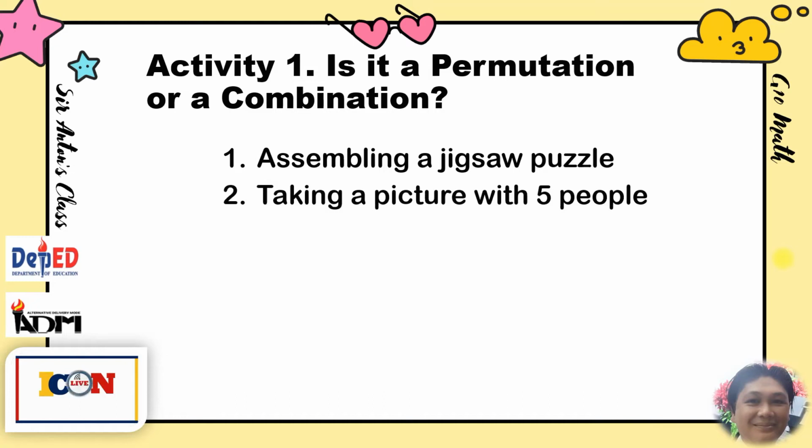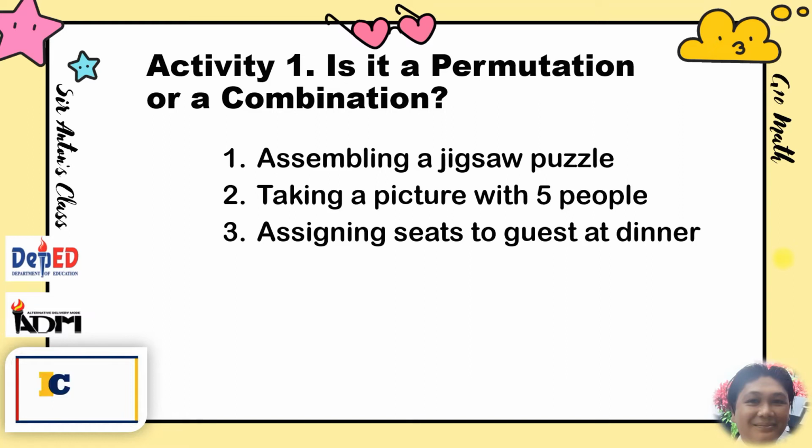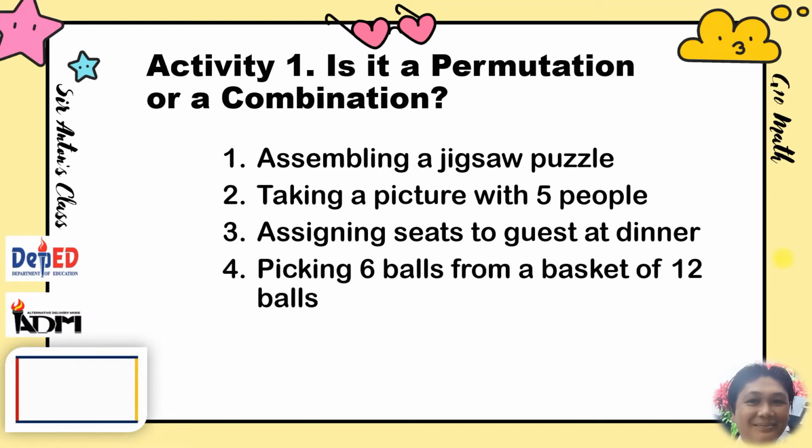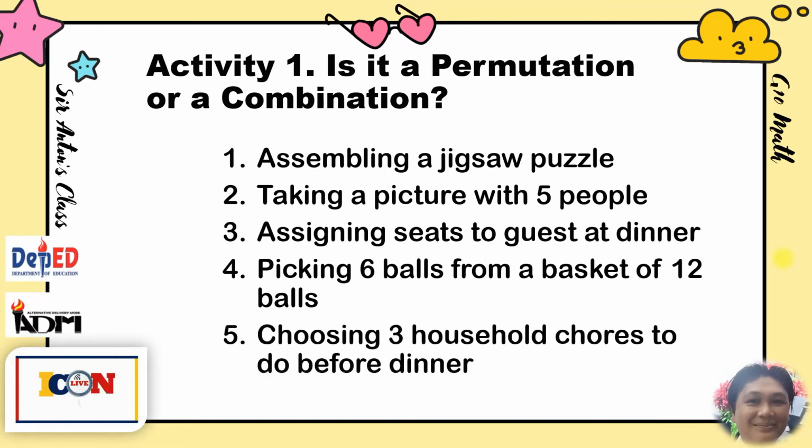Number 2, taking a picture with 5 people. Number 3, assigning seats to guests at dinner. Number 4, picking 6 balls from a basket of 12 balls. Number 5, choosing 3 household chores to do before dinner.